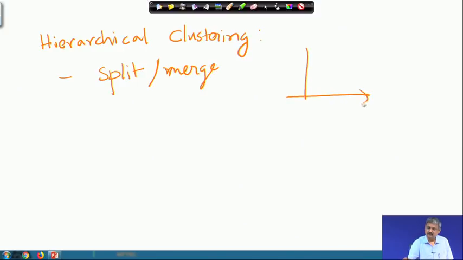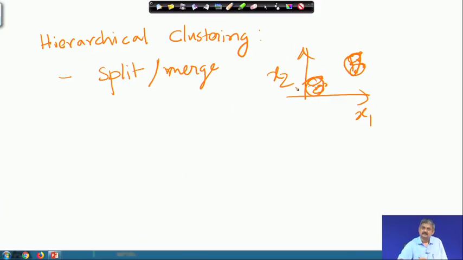For example, it will first try to make small clusters, say this is 4 clusters, then merge these clusters into larger clusters. So, you construct a tree, a dissimilarity tree or a distance tree.